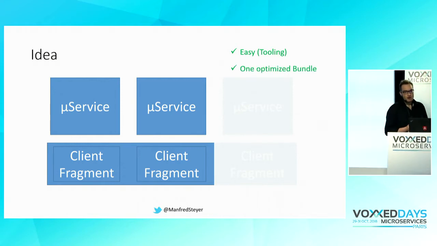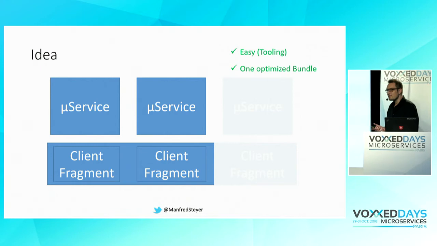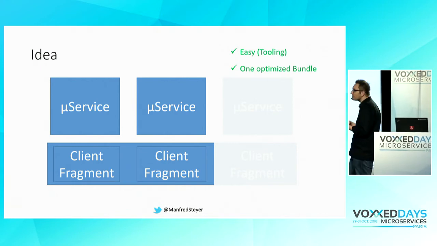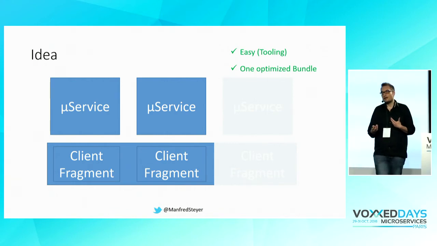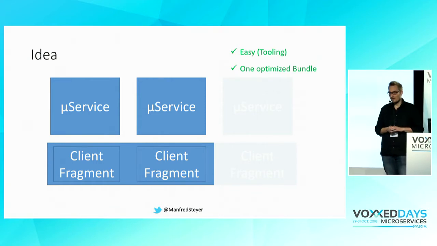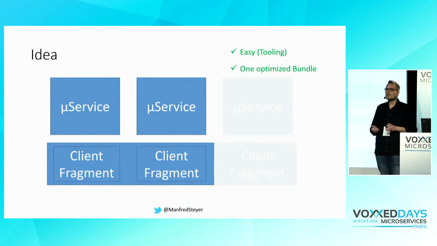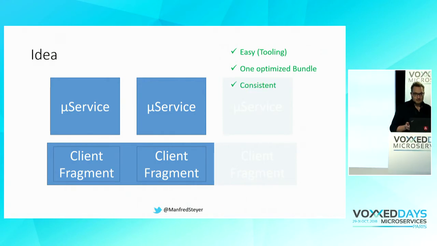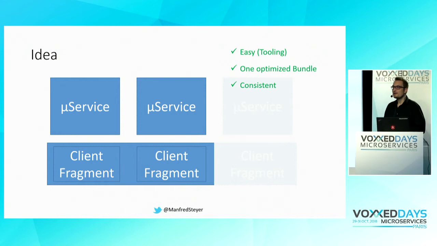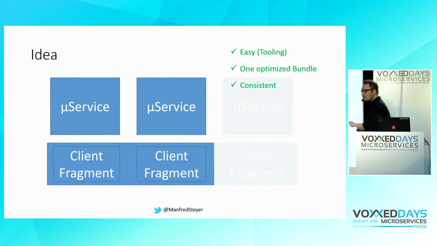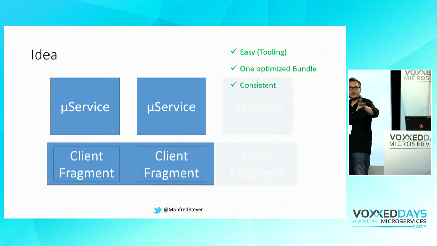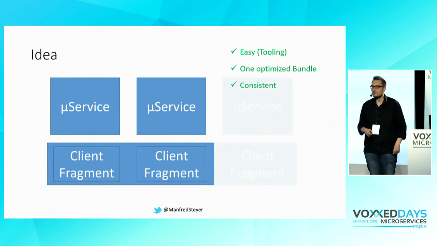You have one optimized bundle. That means you can do a lot of optimizations with your bundle. And when it comes to bundle size, this is really something that matters for web-based solutions, because the bundle has to be downloaded to your client. And so it needs to be quite small. And you have a consistent UI. It is not the case that the first part of your UI has another look and feel than another part of the UI.